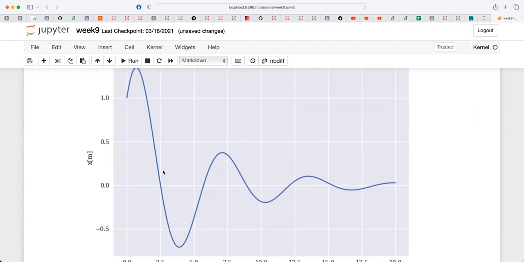And what you see now is that the way it starts will depend on the initial velocity and the initial position. So in this case, I also have an initial velocity, and that's why it goes up a little bit. And then it oscillates weakly. And what we saw last week is that we can actually use some intuition about the mathematical form of a solution. As you can see, you have this kind of oscillating behavior.